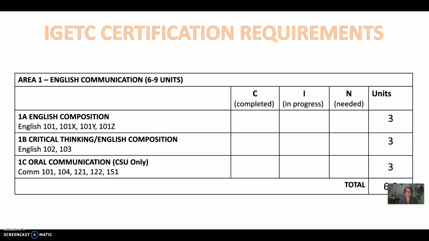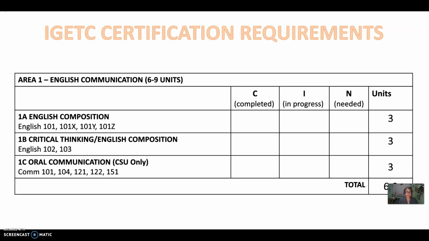They don't require the IGETC because you will have accumulated a lot of transfer units just by trying to meet the major prep and your associate's degree requirements if you're getting an associate's degree in a STEM major. So in that instance, your counselor will recommend that you follow the 7-course GE pattern for the UC system.